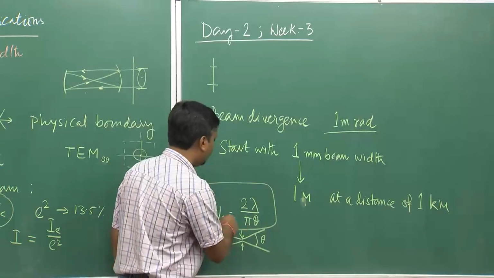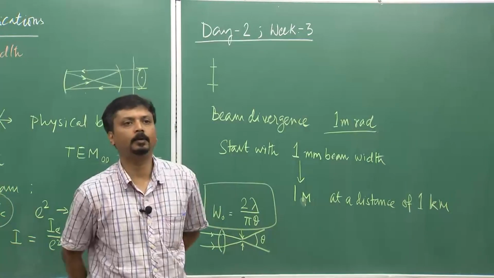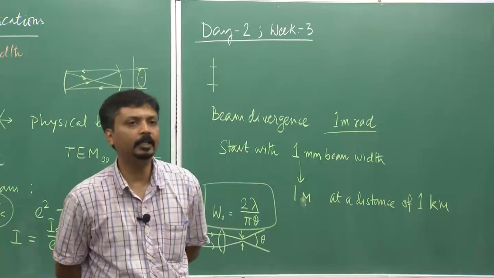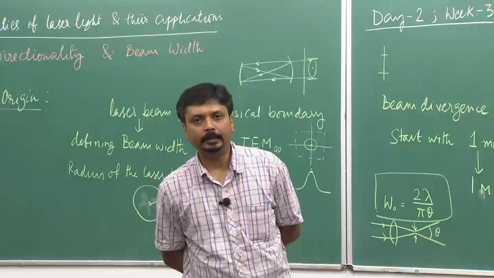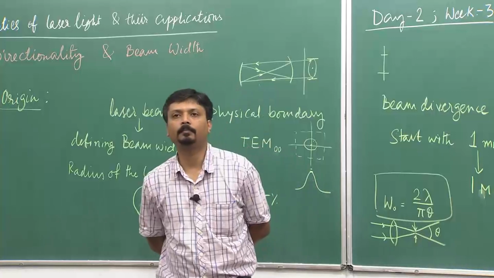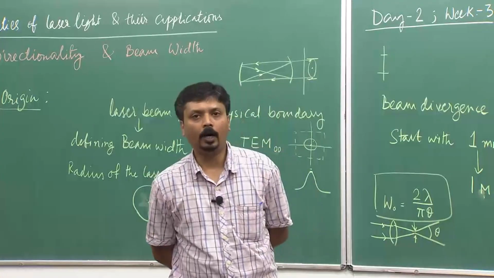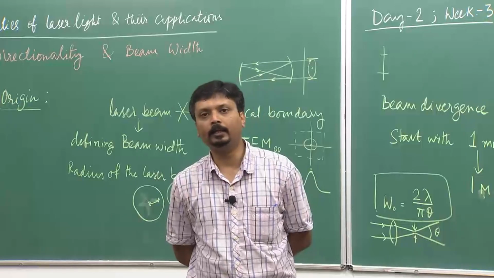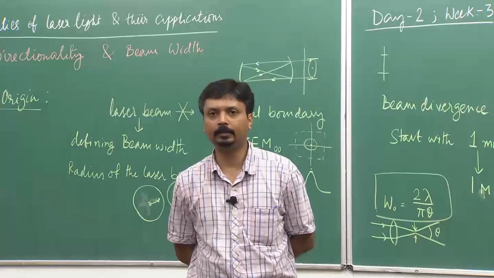Now, what is the application of this property, that I can really go to a very small focal spot? In industry, you need to achieve really high intensity light to cut or weld or melt things, particularly metals or leather, and various other materials.